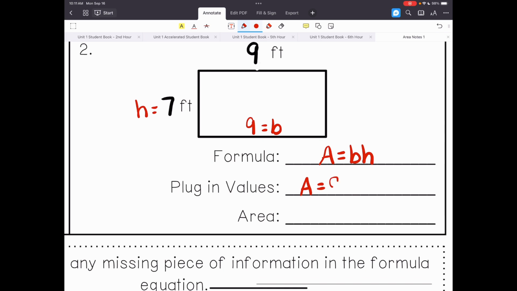Instead of base, I'm going to put my 9 times, and my height is 7. Using our multiplication charts again, 9 times 7, 63. So our final area is 63 feet squared because we're using feet as our measurement in our original rectangle.